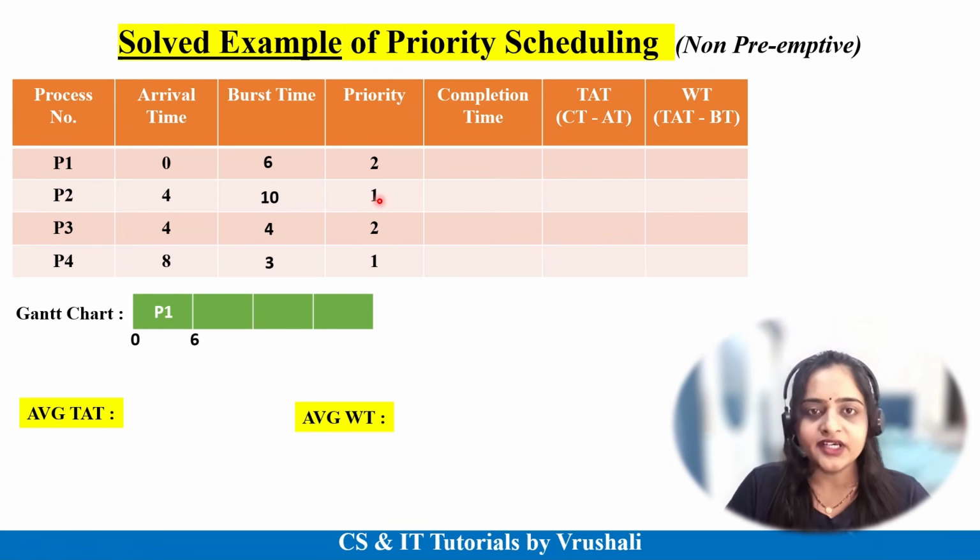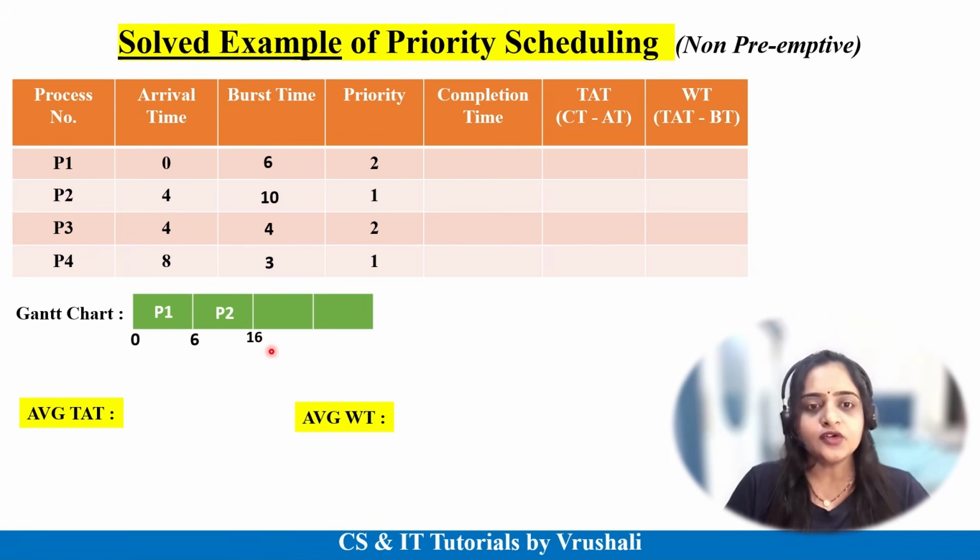P2 has priority 1 and P3 has priority 2. So which one has the highest priority? P2, that is 1, right? So the CPU will execute the P2 process first. So after P1, the CPU is executing P2. What is the burst time of P2? 10 units. So 10 plus 6 equals 16.